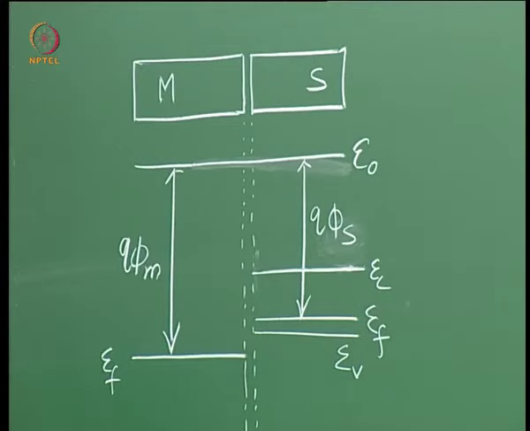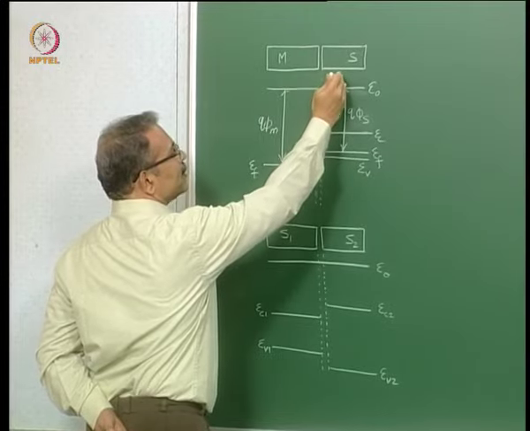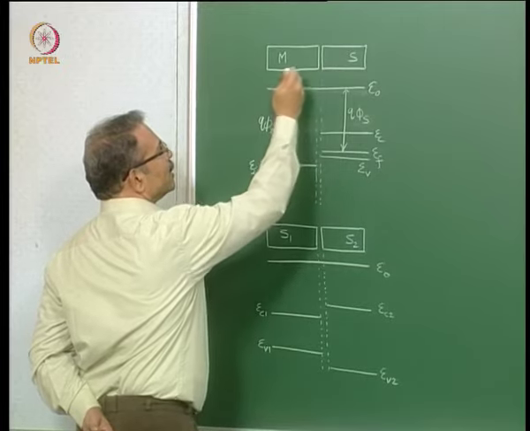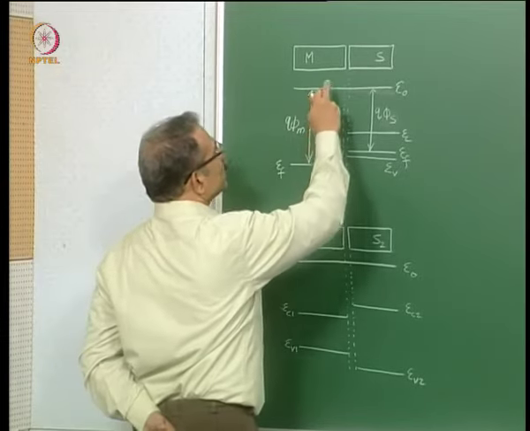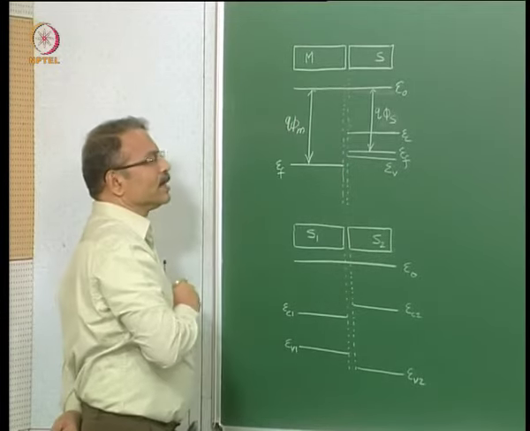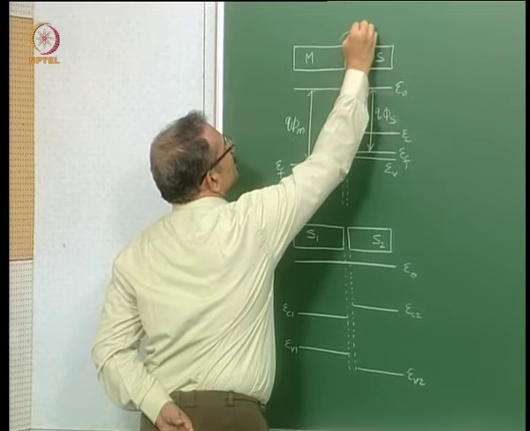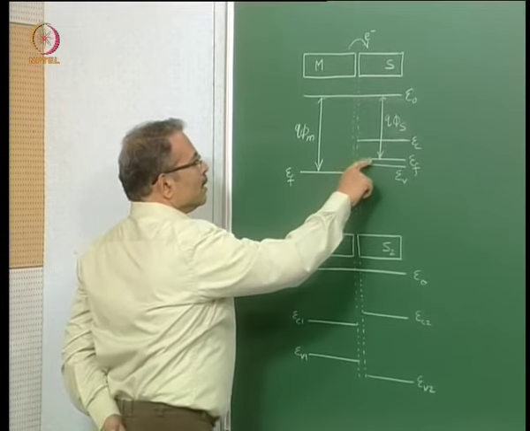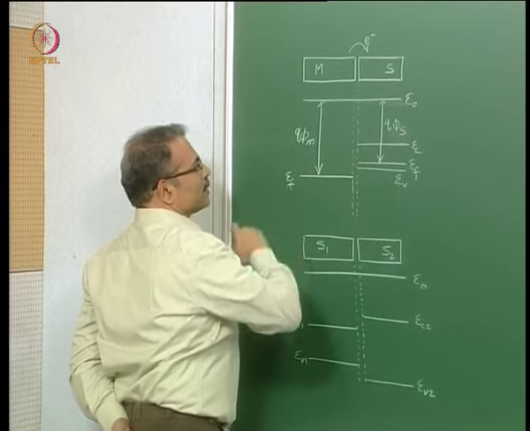Now if you were to go by the electron concentration argument, the p type semiconductor has very little electron concentration. On the other hand, metal has a very high concentration of electrons. So you might then tend to think, if you were to argue based on concentration, that electrons will be transferred from metal to semiconductor, but this is incorrect, because it is the Fermi level locations that decide the electron transfer.